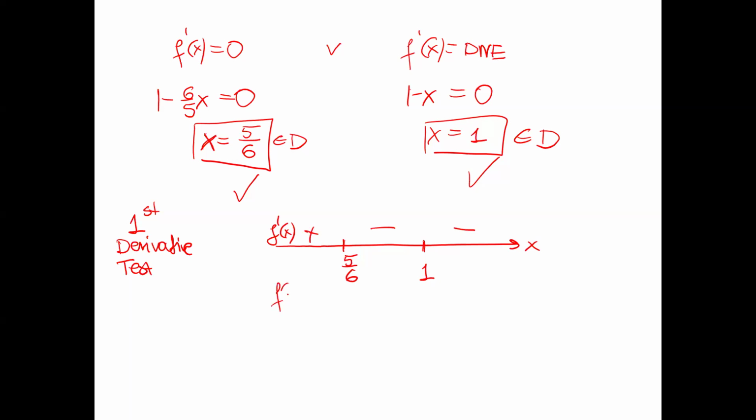Then we know that the function is increasing, then decreasing, and decreasing again, not alternating. We can even see kind of the shape of the function: increasing, attaining a local maximum, decreasing, and again decreasing.